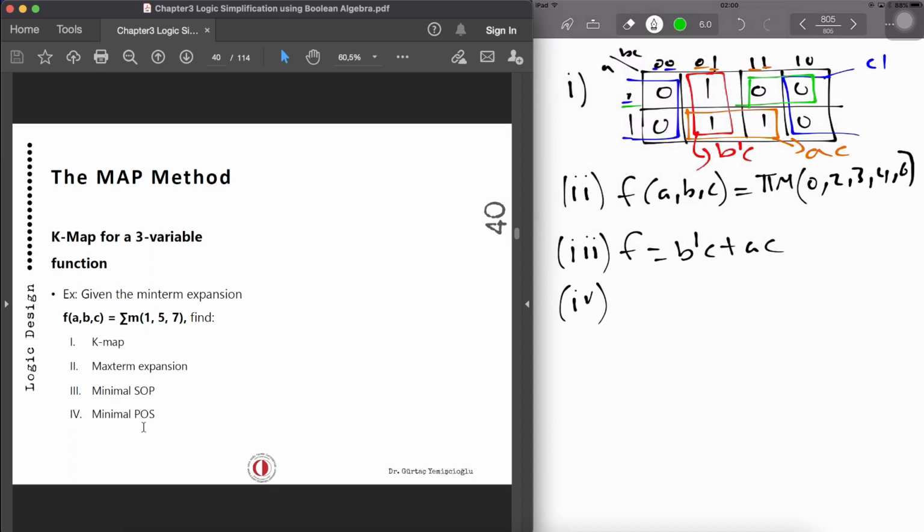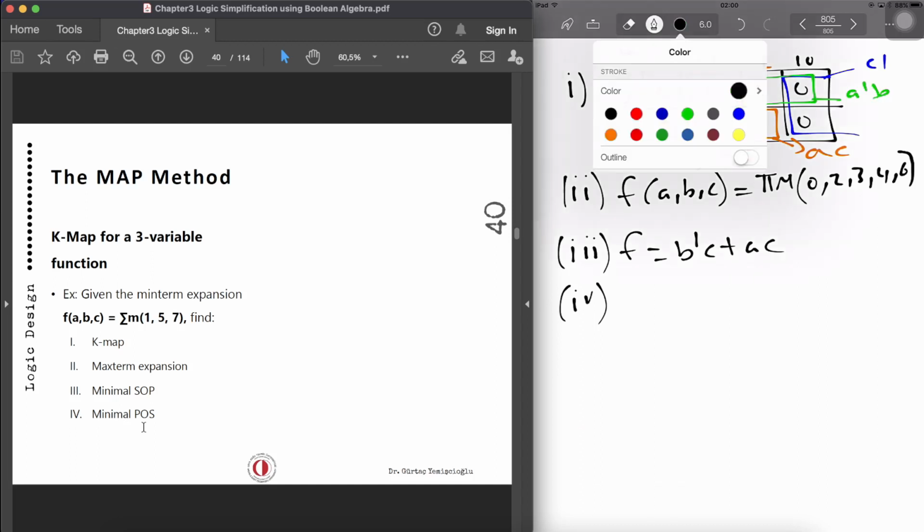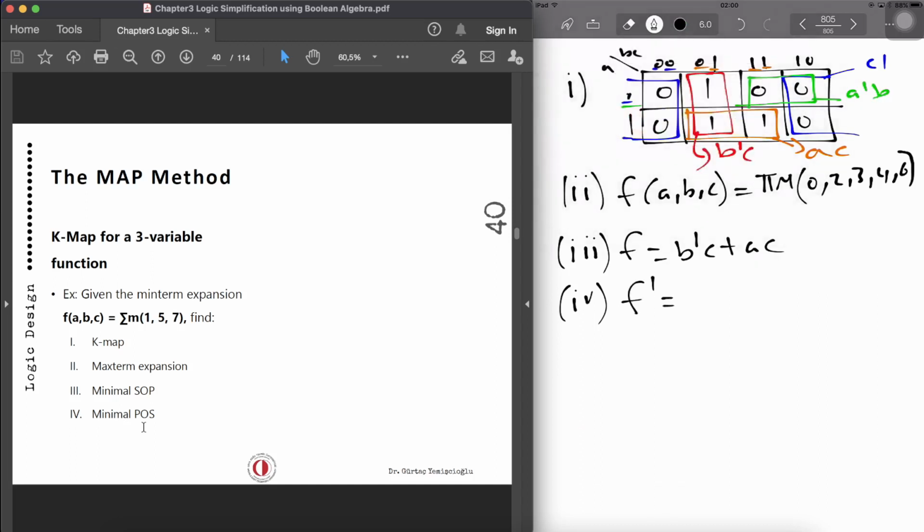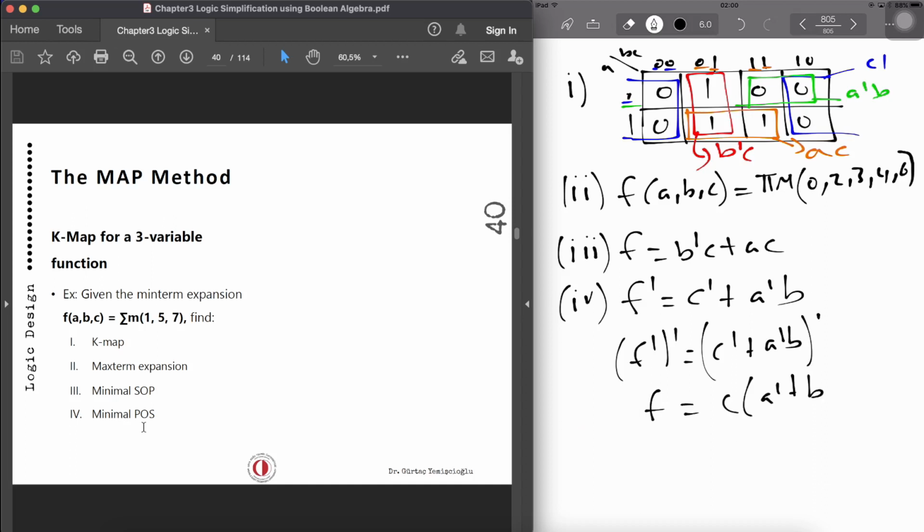And that is A is 0. So A prime, and it's B. So now we can write f prime is equal to C prime or A prime B. And f prime, take the De Morgan, f is going to be C times A prime plus B. And that will be the product of sum.